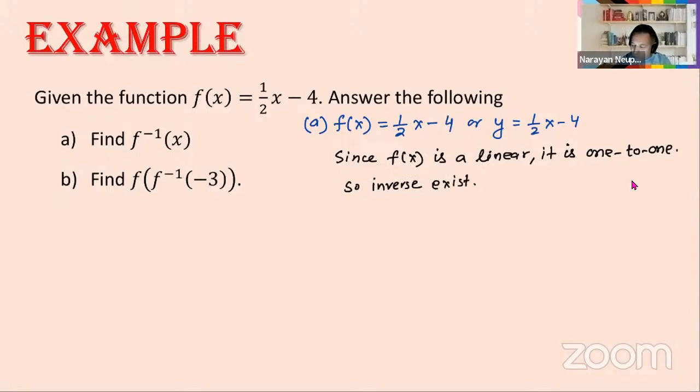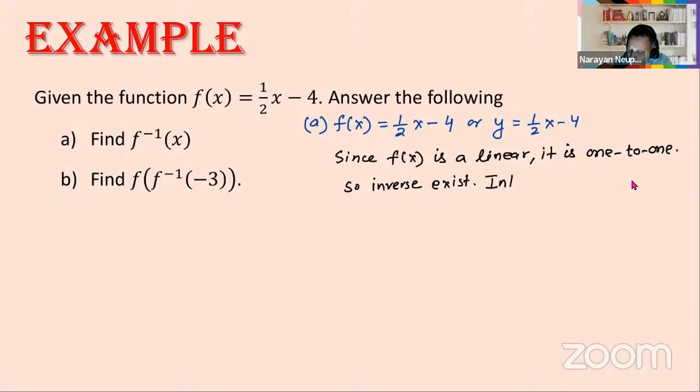To find the inverse, we interchange the role of x and y, because if it is a one-to-one function, then we can define a function from the range to the domain, and that is the inverse function.